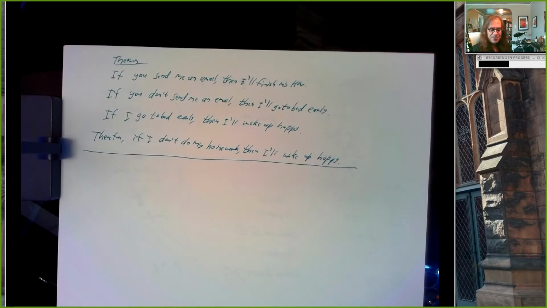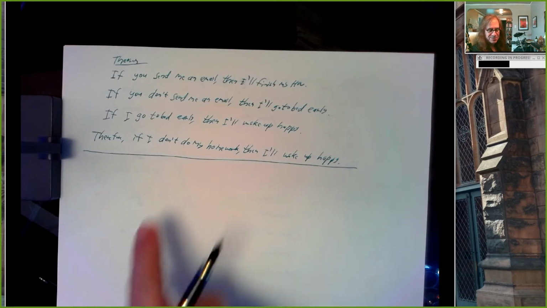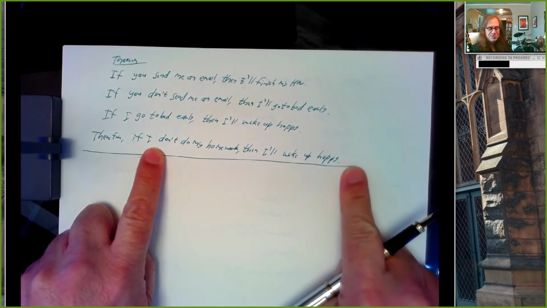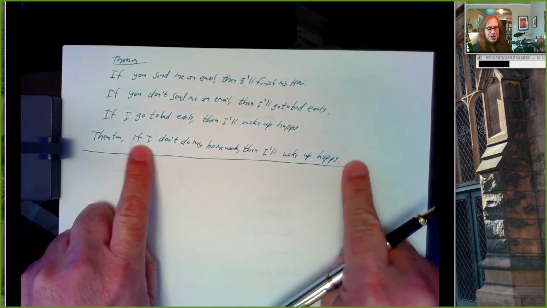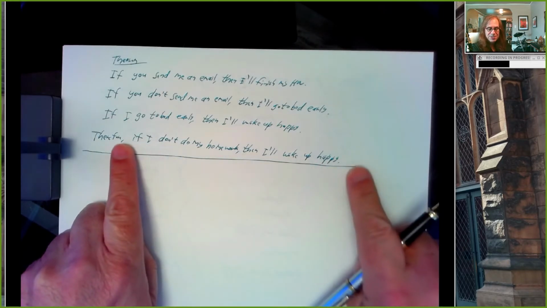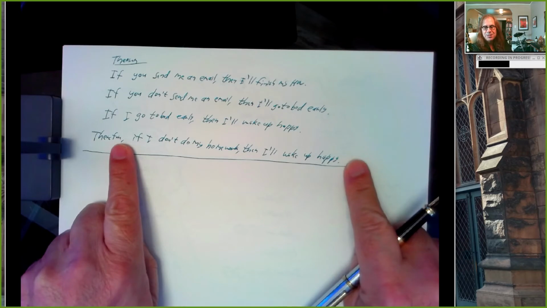But even if you end up doing your homework, whether you get an email or not, that doesn't affect the truth of this statement. This statement is making a statement about what happens if you don't do your homework. So if you do your homework, this statement makes no claim on how you'll wake up.